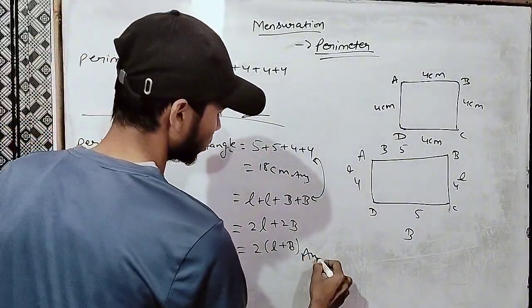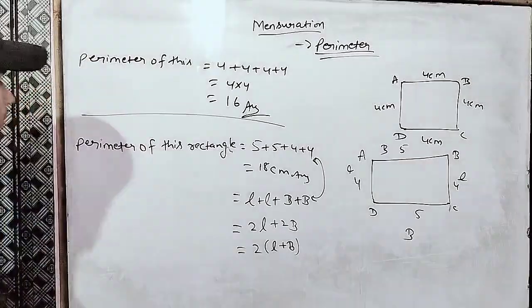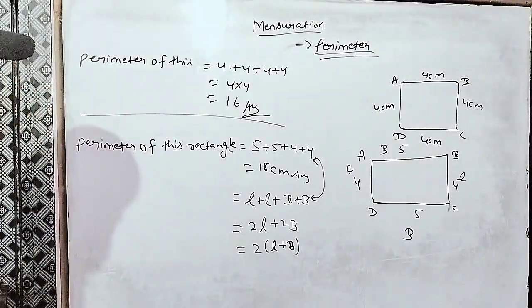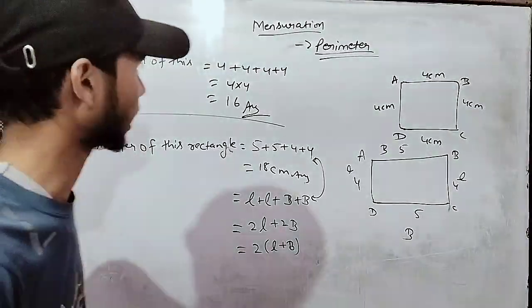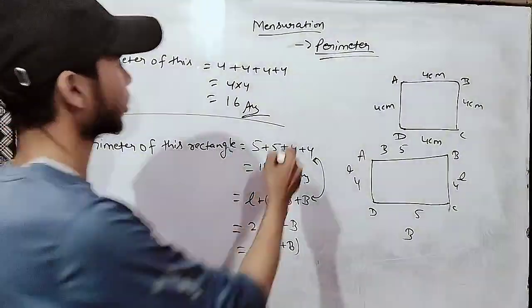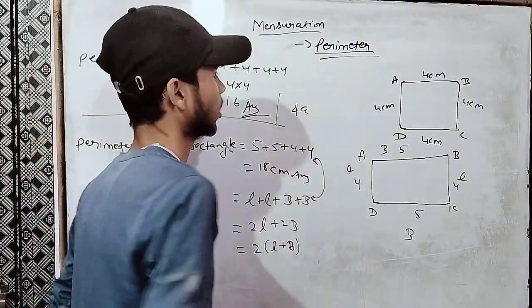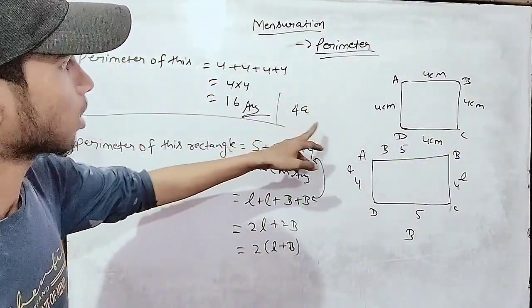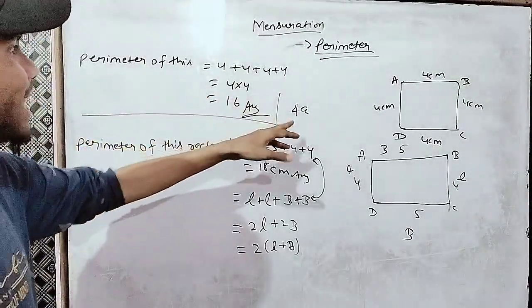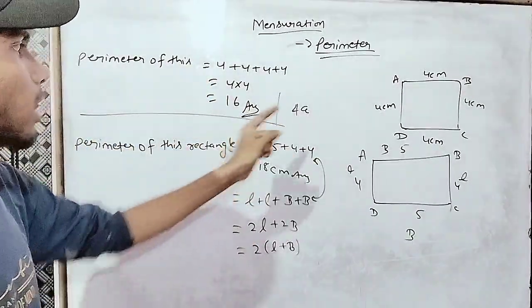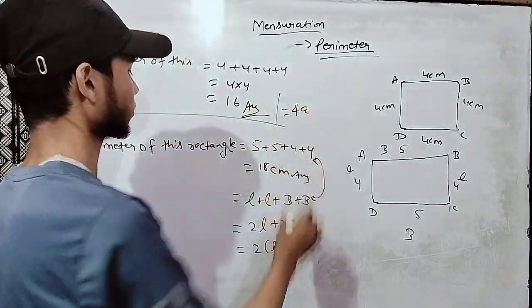This is the formula for finding the perimeter of a rectangle. And this is the formula for calculating the perimeter of the square.